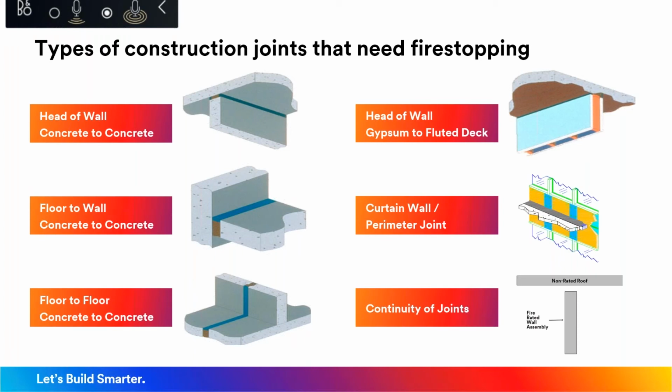Fluted deck, flat deck, gypsum to gypsum, concrete to concrete, CMU to concrete. So again, depending on the type of substrate that you have, it's not necessarily one product does all. We need to make sure that the appropriate product has been chosen and installed per the appropriate tested and listed system.